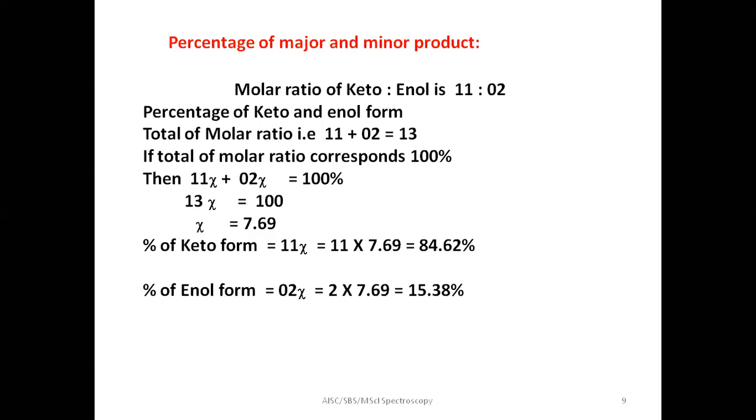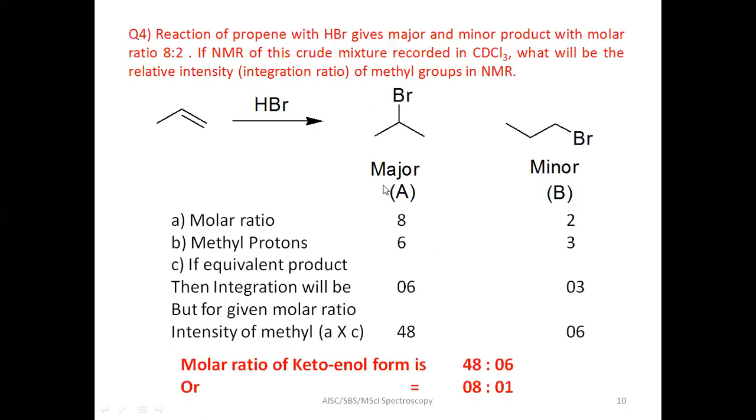By using NMR, we calculate this. Okay, next problem. The reaction of propene with HBr gives a major plus minor product with a molar ratio 8 to 2. If the NMR of this crude mixture is recorded in CDCl3, what will be the relative intensity of the methyl group in the NMR?